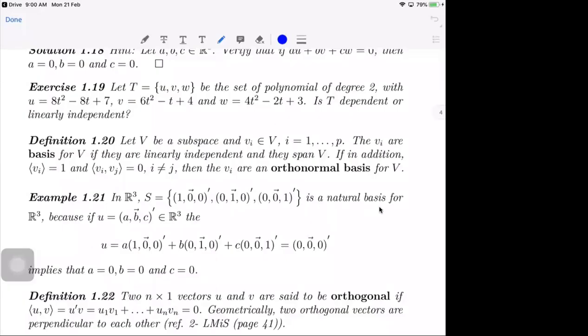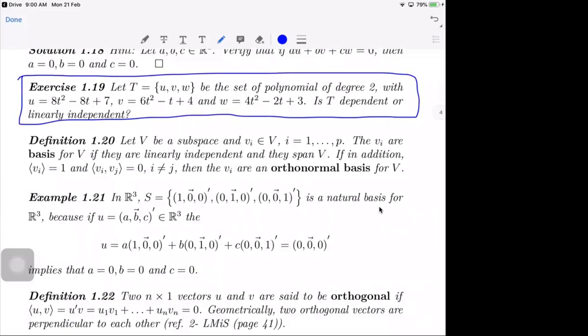You were given this exercise to answer. So you've seen there that this set of vectors will not be linearly independent, or they are linearly dependent, because even if we assume a linear combination of u, v, and w and let that be equal to 0, not all constants in that linear combination, say au plus bv plus cw equal to 0, are equal to 0.